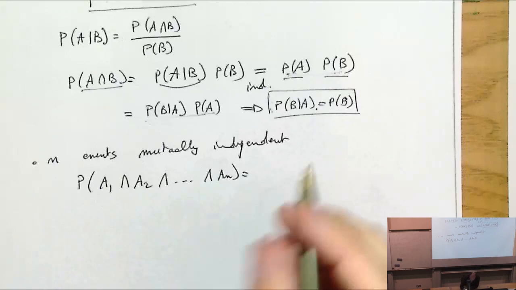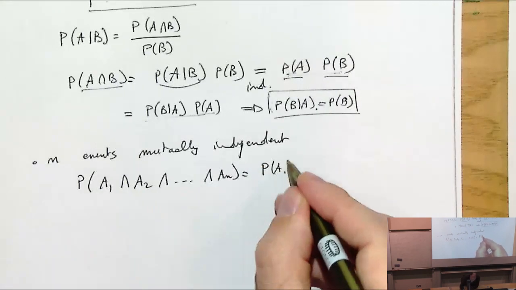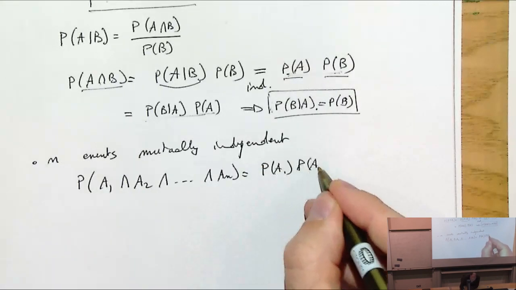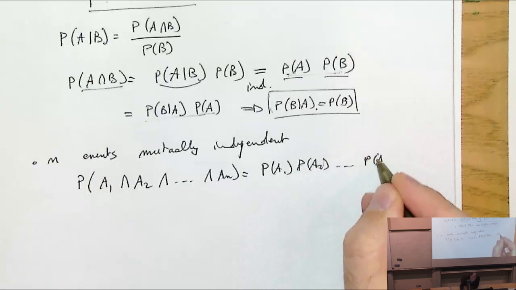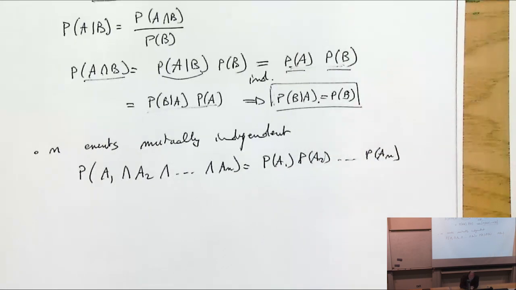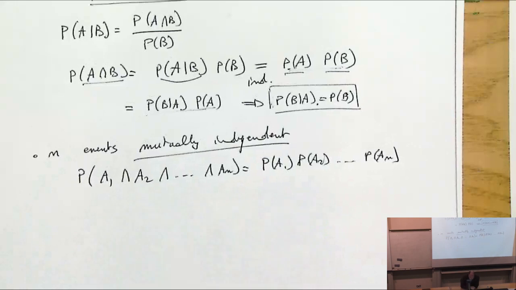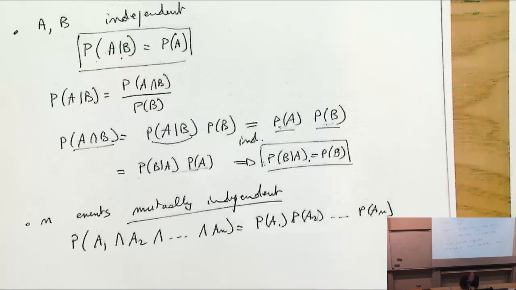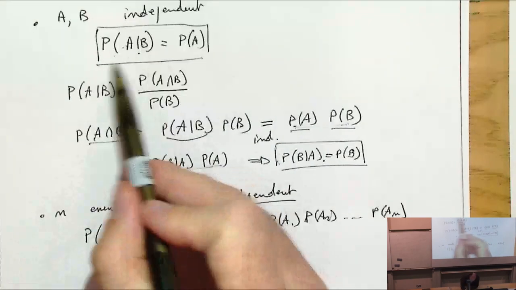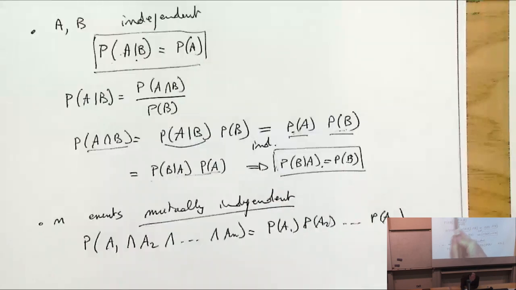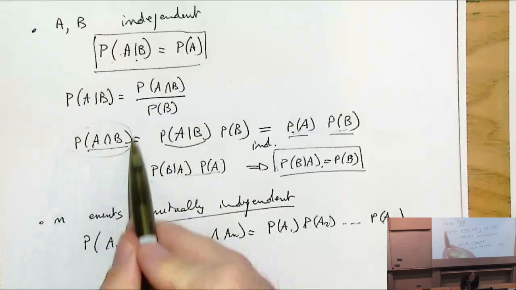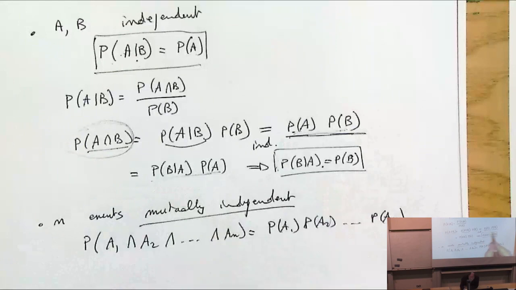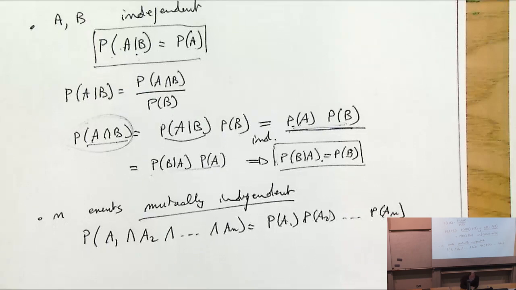And the probability of this intersection is essentially equal to the product of their probabilities. That's when n events are mutually independent. Right? So saying that this holds, or saying that P of A intersection B is equal to this, those two relationships are strictly equivalent. It's just written differently, but the two are equivalent.